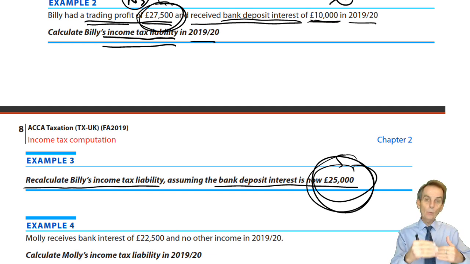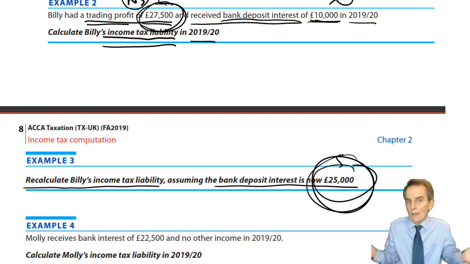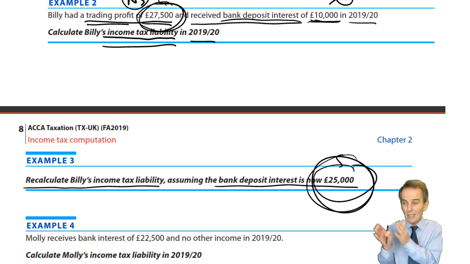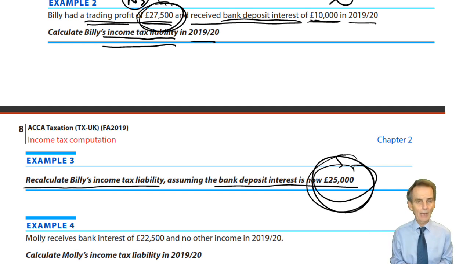That then will leave you with the remaining part of that taxable savings income that will take you through the remainder of the basic rate band, where we know we therefore use the normal non-savings rate of 20%. But then some of that taxable savings income, just a little bit of it, is going to be up in the higher rate. And that part is therefore to be taxed at 40%.